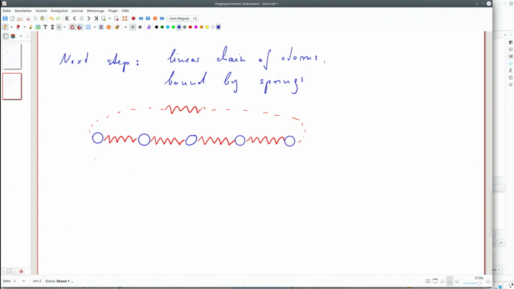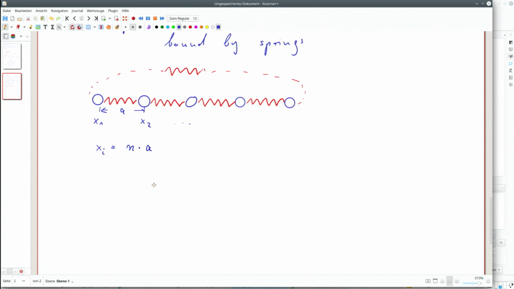The positions here, x1, x2, and so on, are just multiples of the distance a. So the positions are just multiples of this lattice constant.